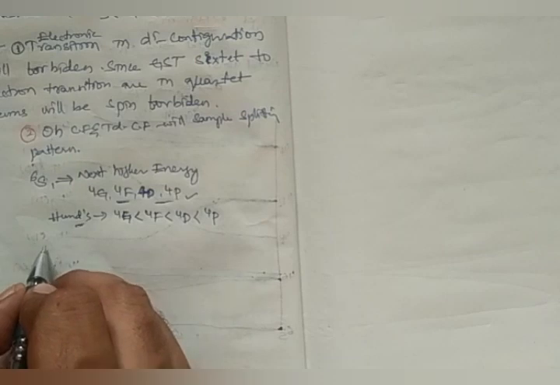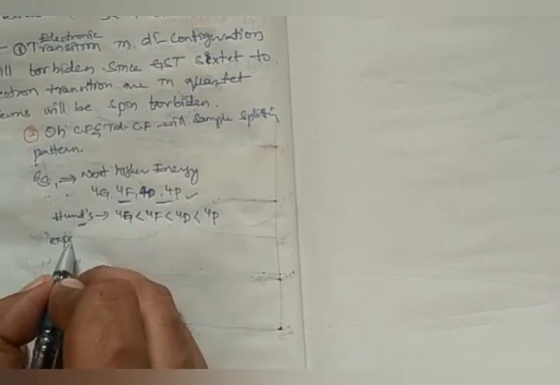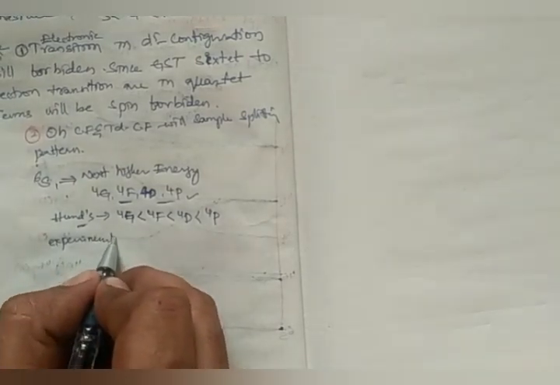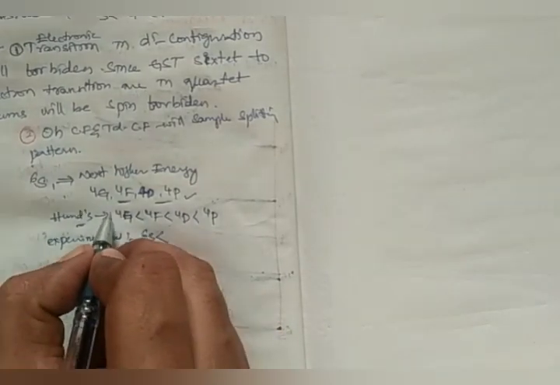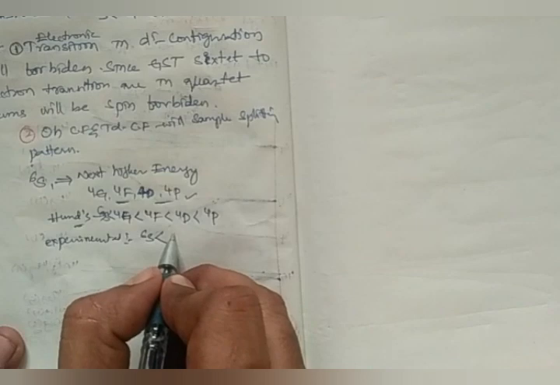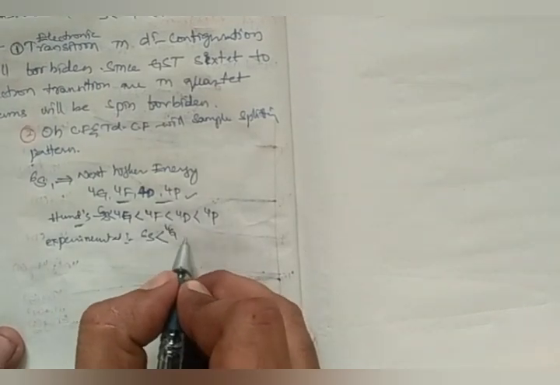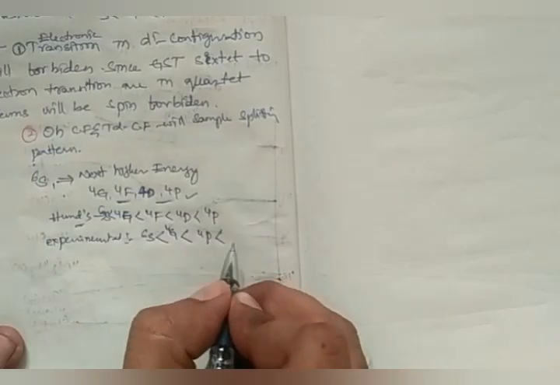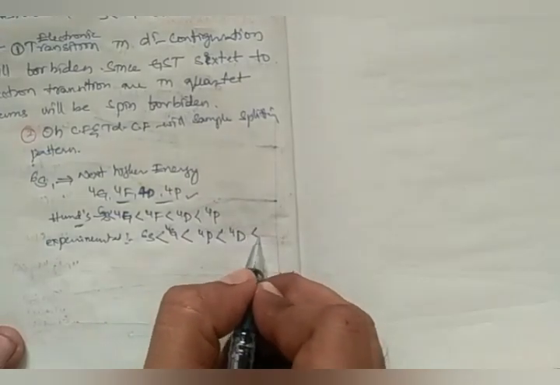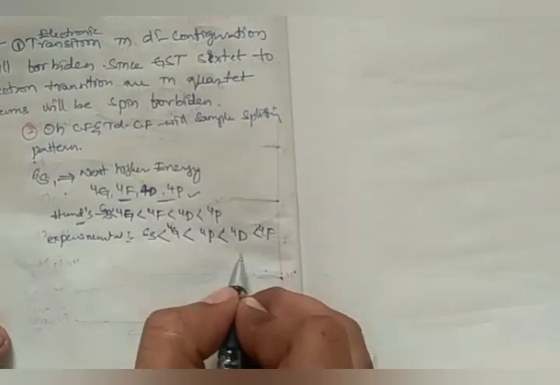But in reality, the experimental results show that after 6S, the next is 4G, thereafter 4P, thereafter 4D, and thereafter 4F, right?